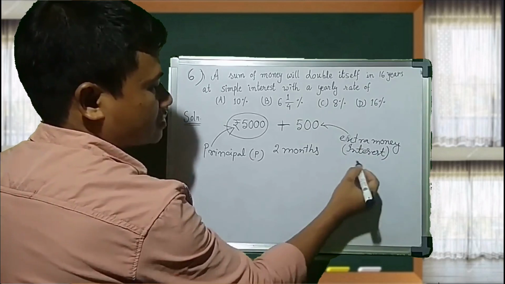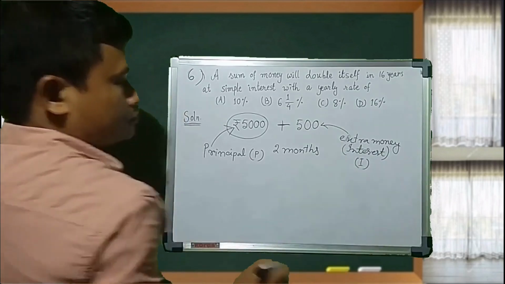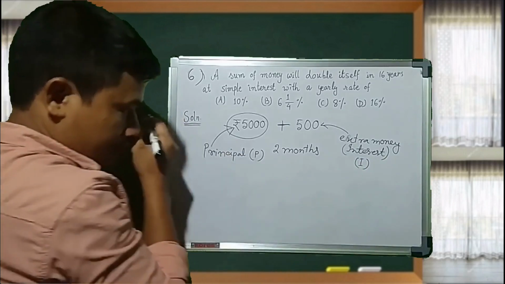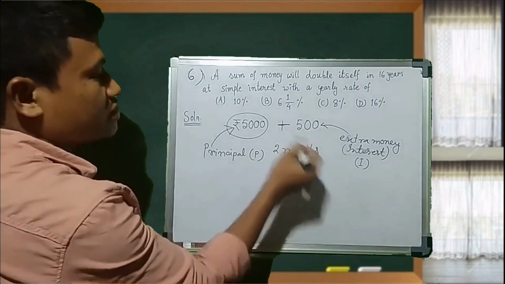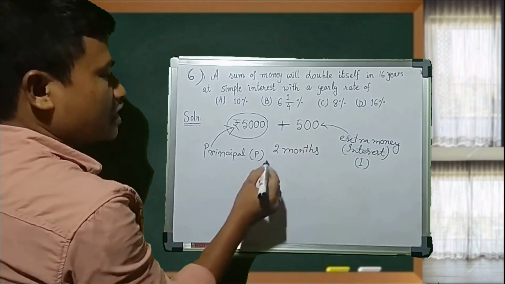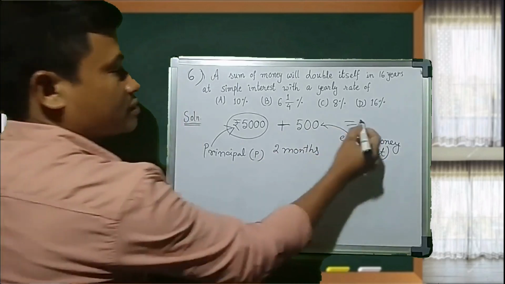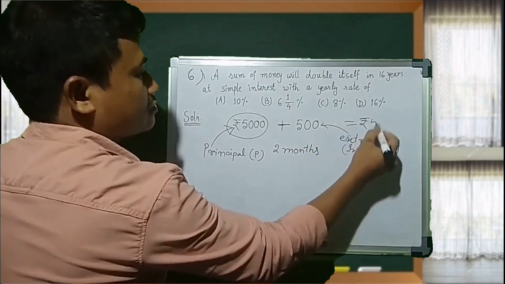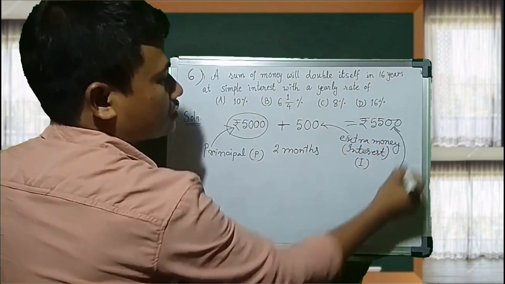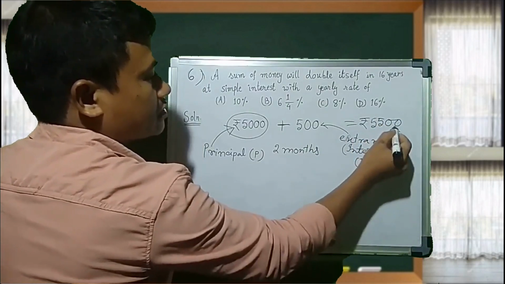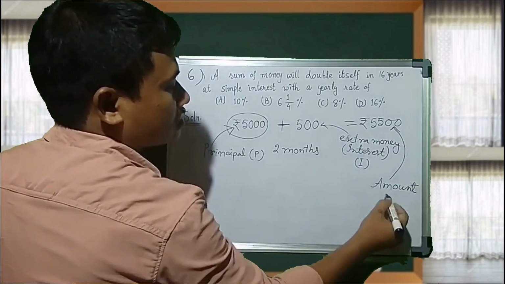Interest is denoted by I. And if I have to pay this 500 rupees extra money, then at the end of 2 months I have to pay how much? Rupees 5,500. And this is called amount, denoted by A.